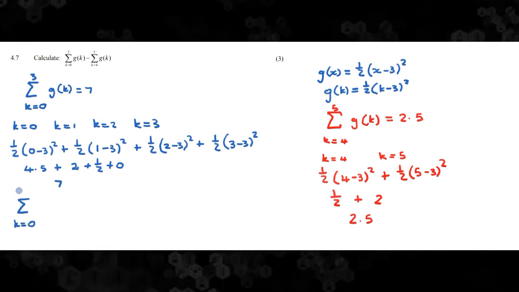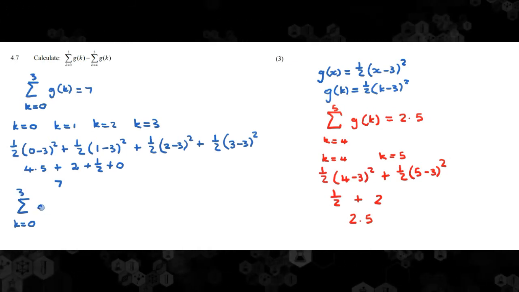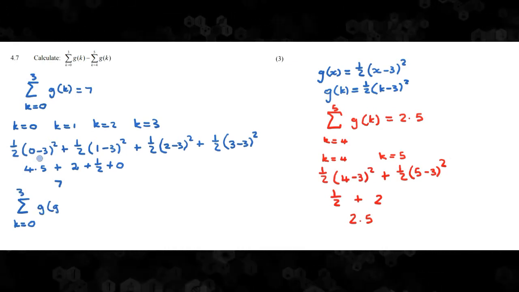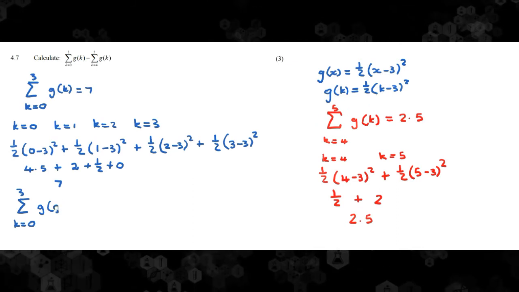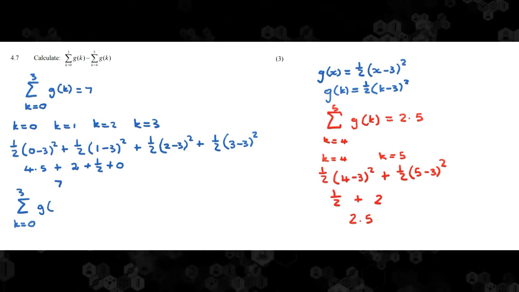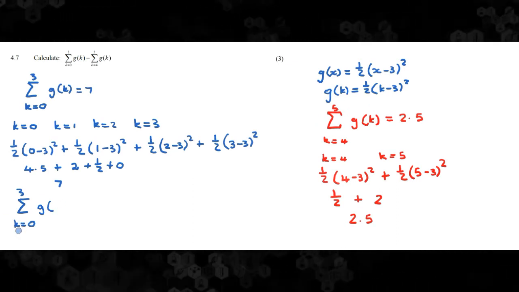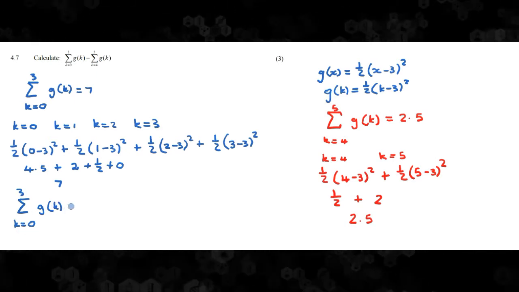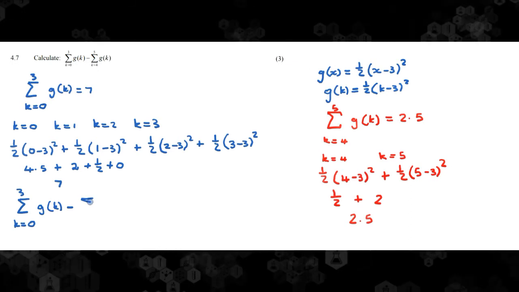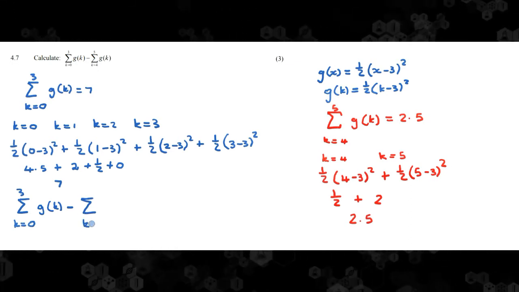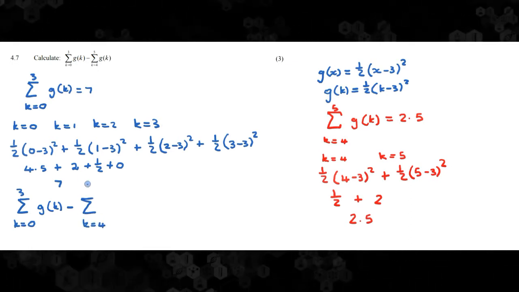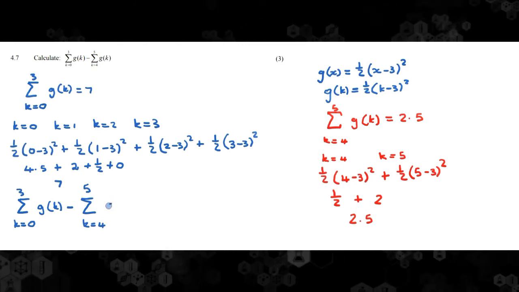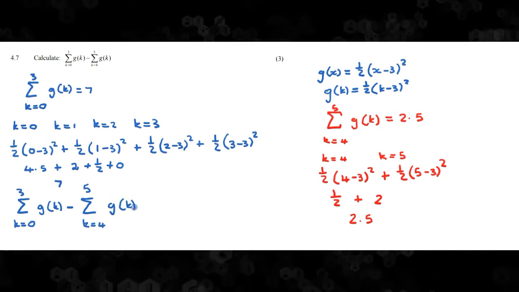Now here we are looking for, they say that we must calculate the sum from k equals 0 to 3 of g of k. Here it must be k. So we are calculating the sum from k equals 0 to 3 of g of k minus the sum from k equals 4 to 5 of g of k.